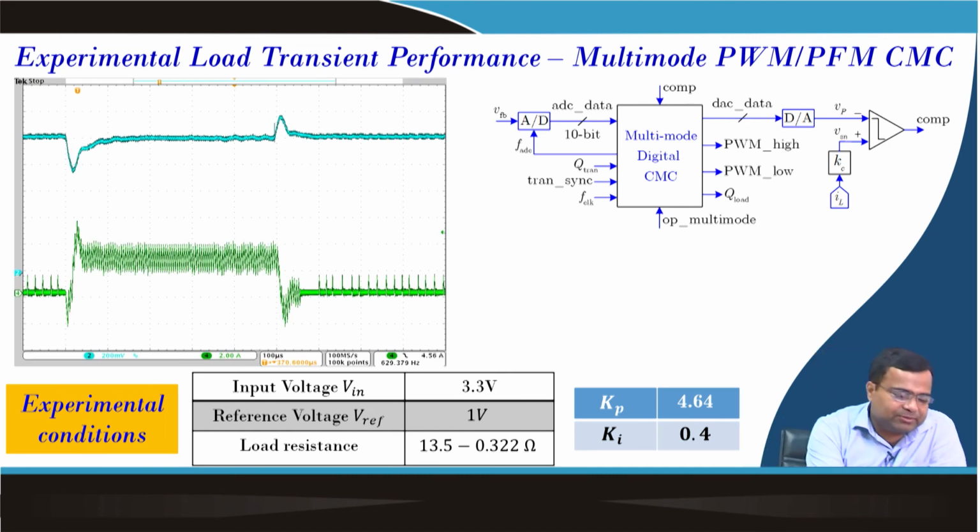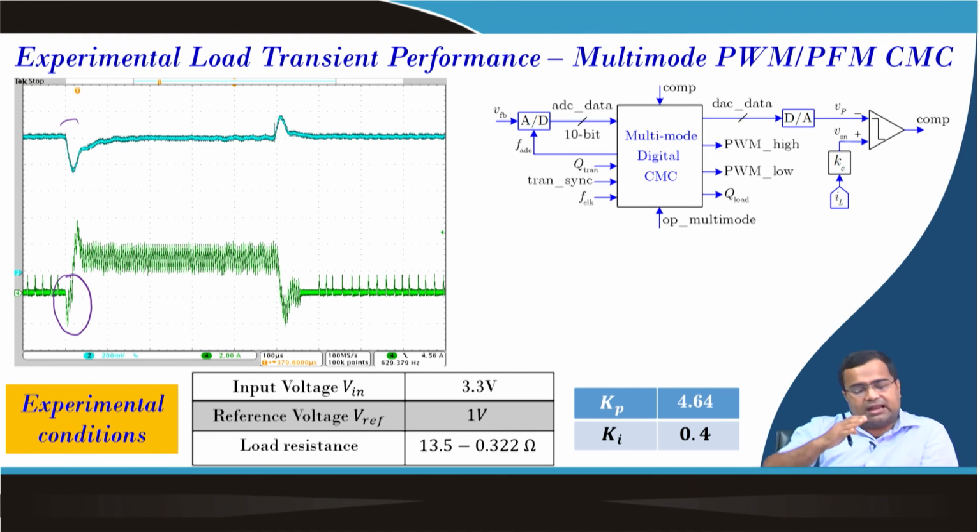So, when you say multi-mode, you see there is an additional thing, because the integral we are starting with 0, resetting, and that time, as we discussed in, I think, lecture number 114, the error will be negative, because in PFM generally the output voltage is above the reference voltage, and as a result our error voltage will be negative, and this is going in the negative direction.